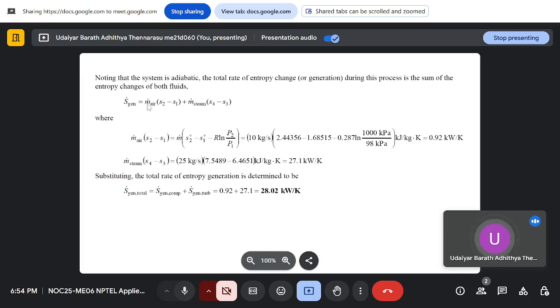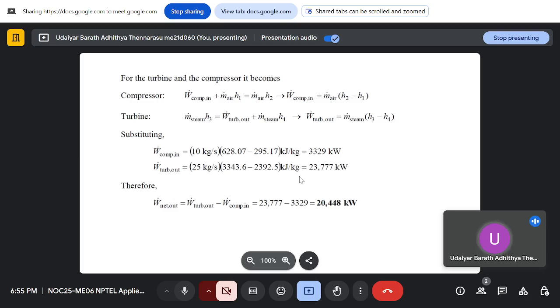So S_gen is m dot of air (S2 minus S1) plus m dot steam (S4 minus S3). The air entropy change is 0.92 kilowatt per Kelvin, and the steam entropy change is 27.1 kilowatt per Kelvin. Adding both up, you get 0.92 plus 27.1, which is 28.02 kilowatt per Kelvin. So that is the total entropy generated for the compressor and the turbine.